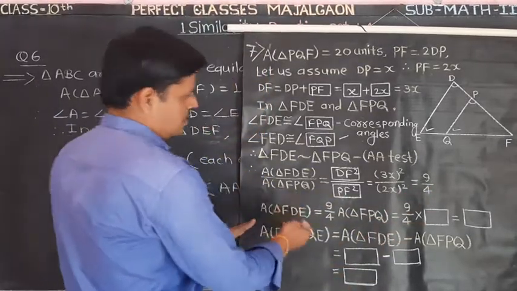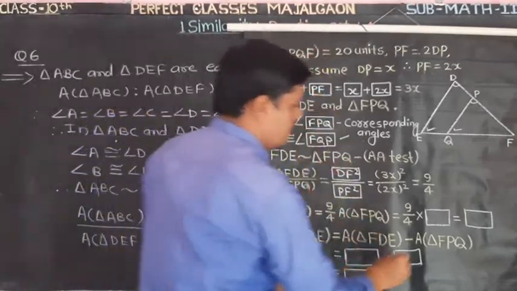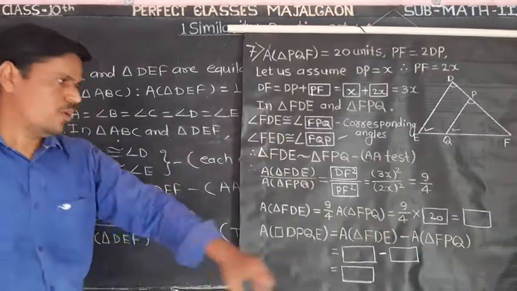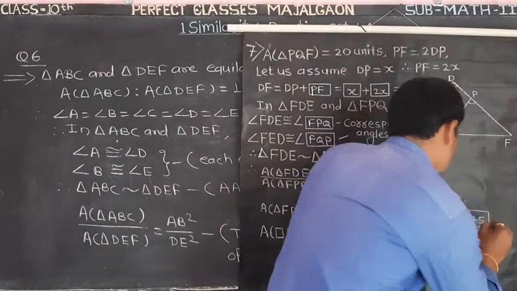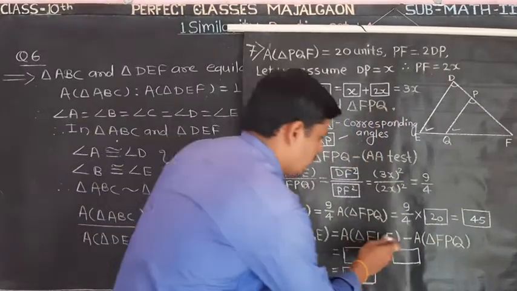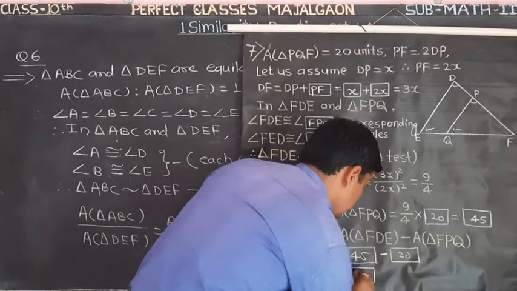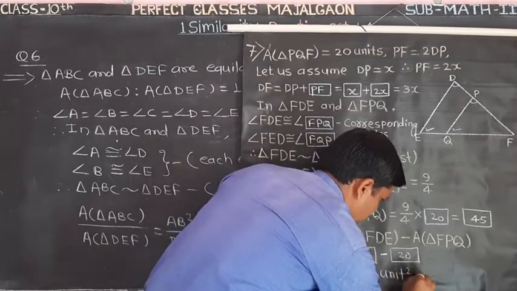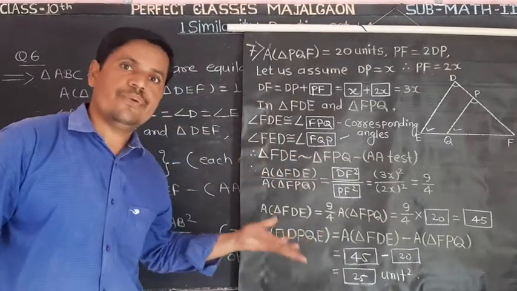We take this to the left side, and FPQ is given as 20. When we divide 20 by 4, we get 5, and 9 into 5 is 45. Here FDE is 45 and this is 20. Here we get 25 square units. This is the area of the quadrilateral, 25 square units.